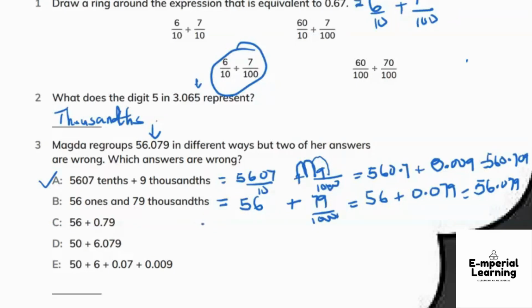Let's check C. C, we have 56.79. So C is our next wrong answer. D gives us 56.079, and same as E. When you add them up, you are adding them up with respect to the decimal places. So we have our wrong answers to be A and C.